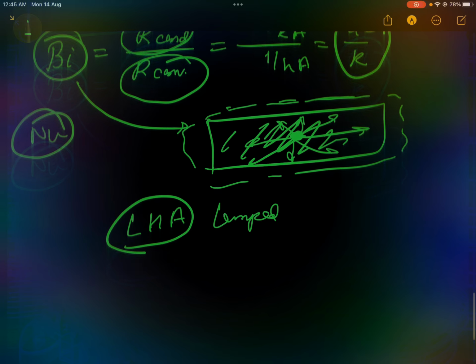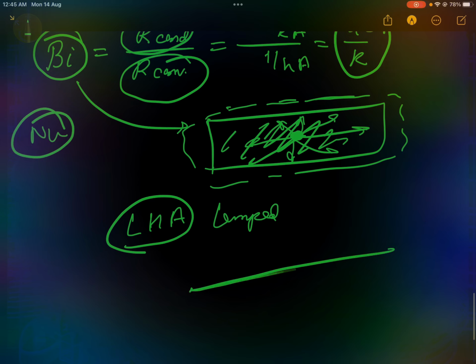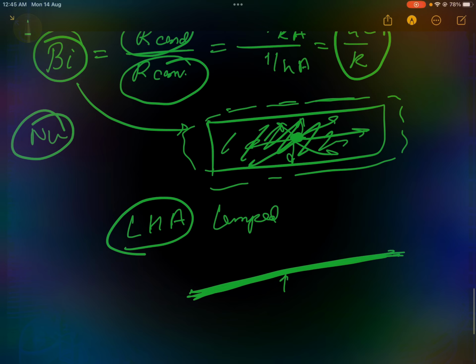Lumped means some extent of the material. Let's say we have an extended material, such as a slender rod. If heat is given somewhere, or there is heat generation within the material, it will take very little time to reach its surface.